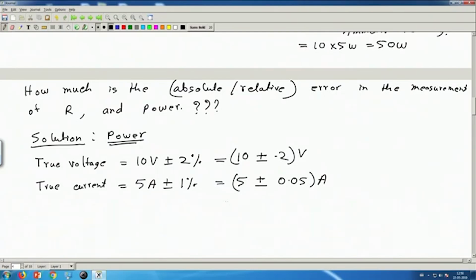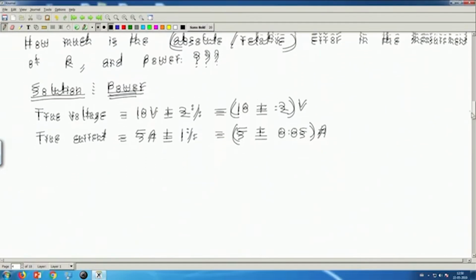Okay, so 2% of 10 is 0.2, and 1% of 5 is this. Check my calculation. If my calculation is wrong, you can correct it.